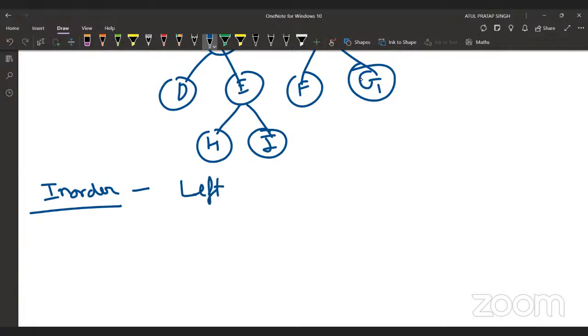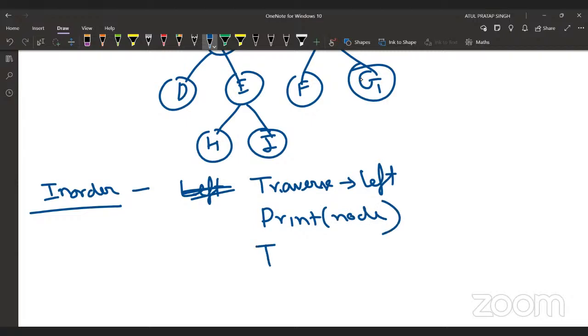It is only a three-step algorithm, and we perform it recursively. We traverse the left child first, then we traverse the node in between, where we can just add the print node, and then traverse the right child.